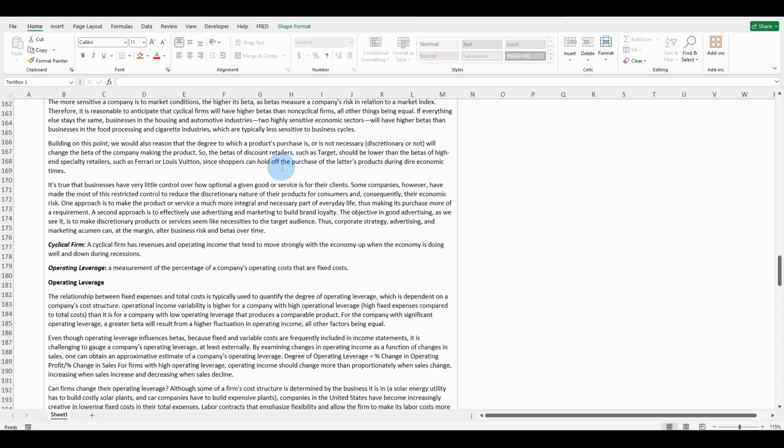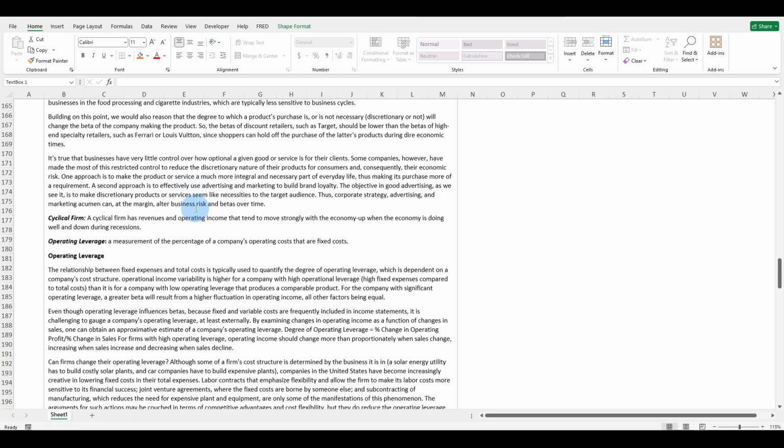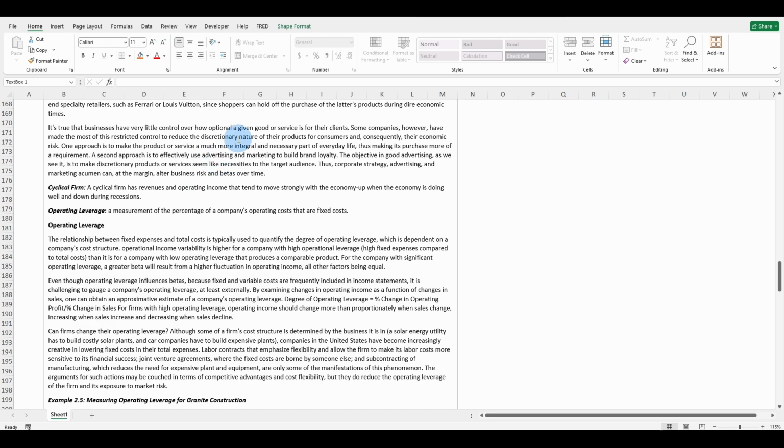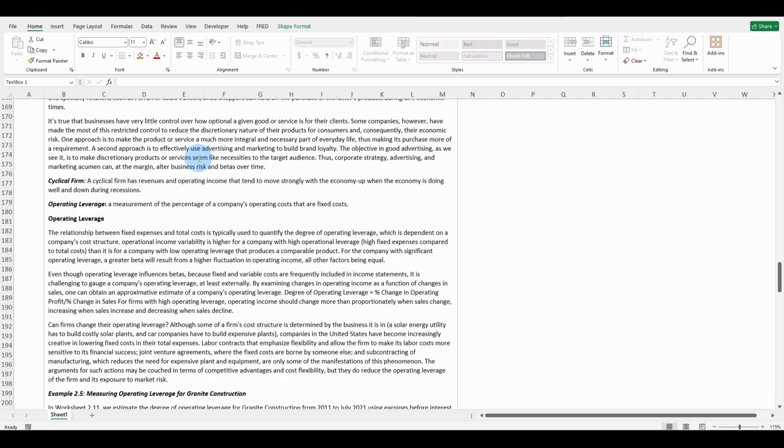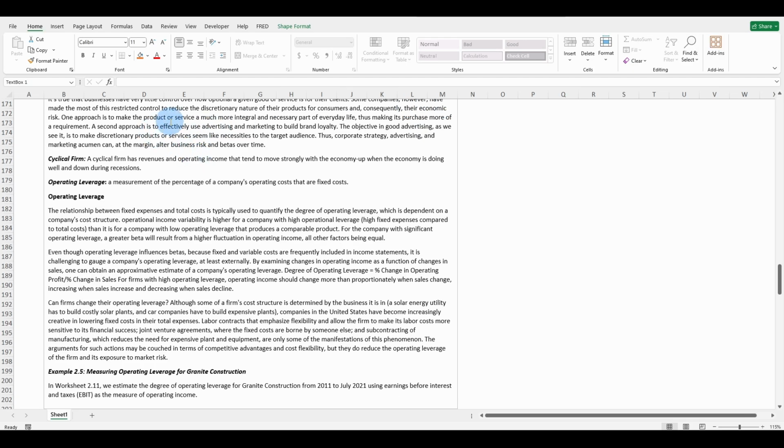It is true that businesses have very little control over how optional a given good or service is for their clients. Some companies, however, have made the most of this restricted control to reduce the discretionary nature of their product for consumers and consequently their economic risk. One approach is to make the product or service a much more integral and necessary part of everyday life, thus making its purchase more of a requirement.